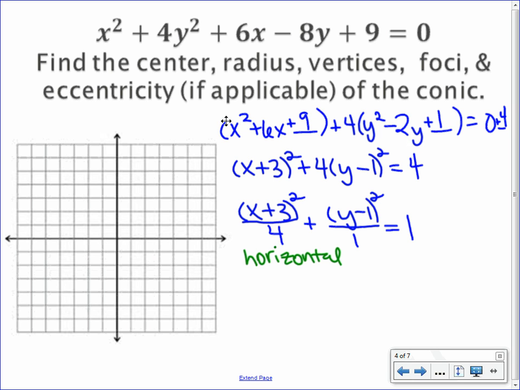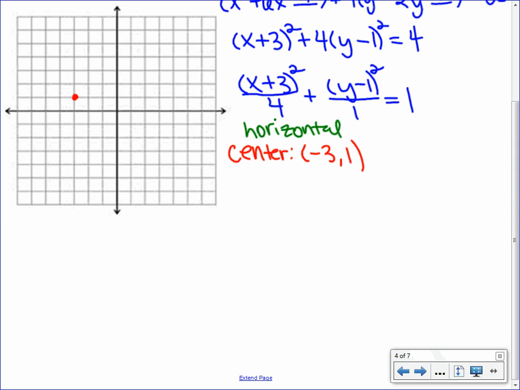Okay. So first of all, where is our center? Negative 3, 1. Very good. Okay. You are telling me that a squared is what? A squared is 4, which makes a, okay, a is 2.